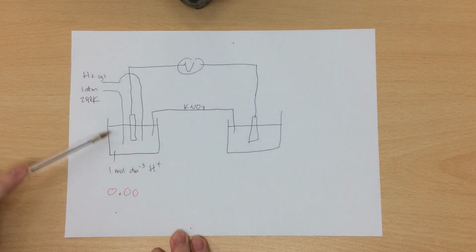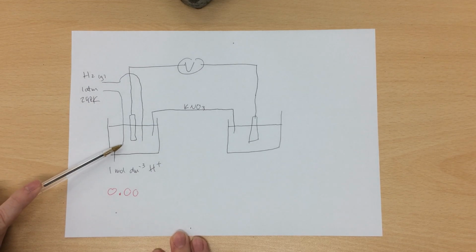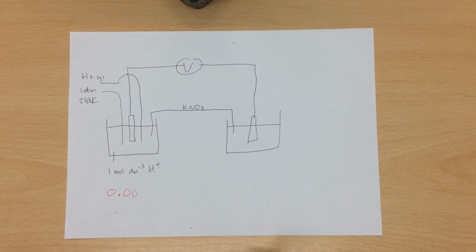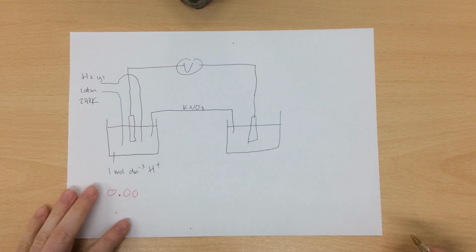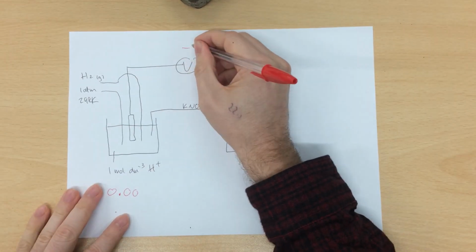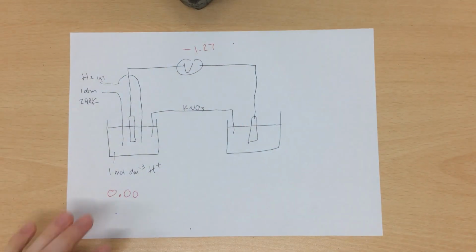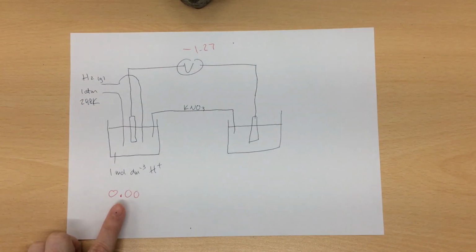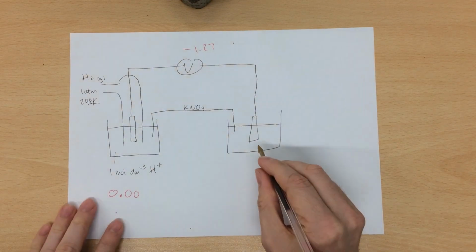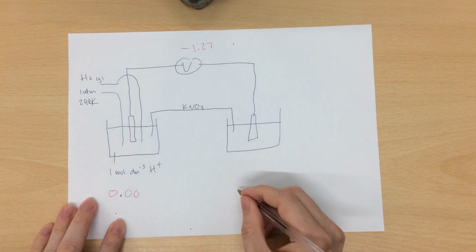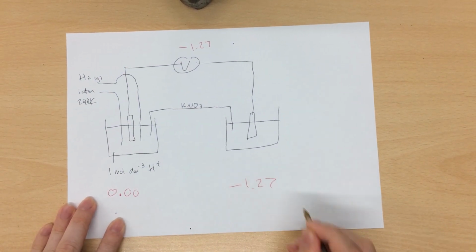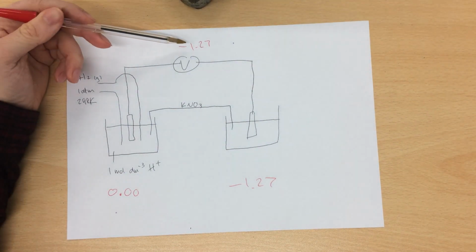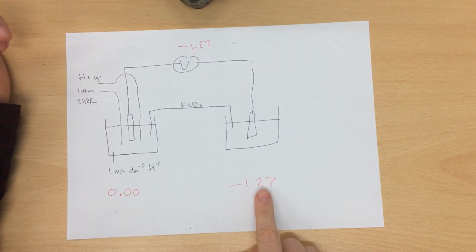So if I was to connect the hydrogen half cell to another half cell and measure the E cell on a voltmeter, and let's say I got, I don't know, minus 1.27. Well, as the hydrogen half cell is 0.00, that tells me the electrode potential of the other half cell must be minus 1.27. If this came out as, I don't know, 3, then the other half cell must be 3.